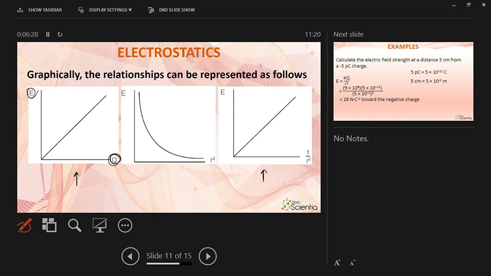Do you guys agree? If the charge increases, it means that the electric field around it increases as well. Nee? En dan hierdie ene sê vir ons, hoe verder ons beweeg van dit af, hoe swakker word die elektriese veld. Maar onthou, hy werk nou met 1 op R kwadraat, en dit is dan die verhouding vir omgekeerd evenredig, daai een in die middel.